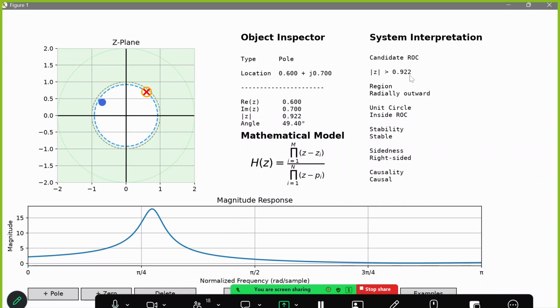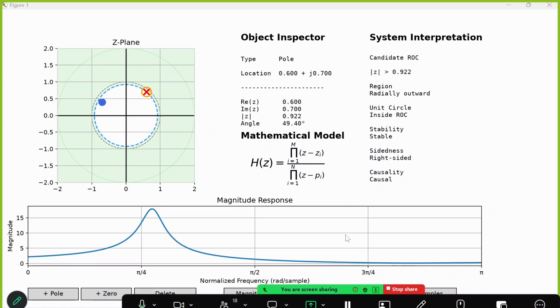That means all the values of z in this green region make sure that our H of z converges. So that's what we learned in class. And also in class, I tried to hammer it down. Let me add a single pole here.